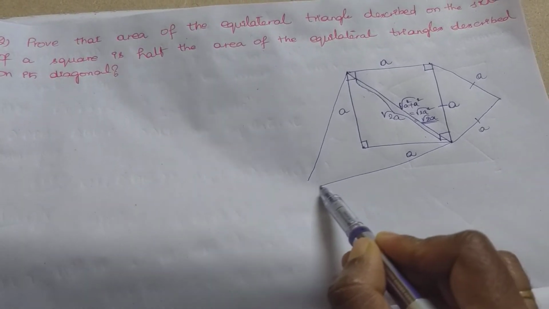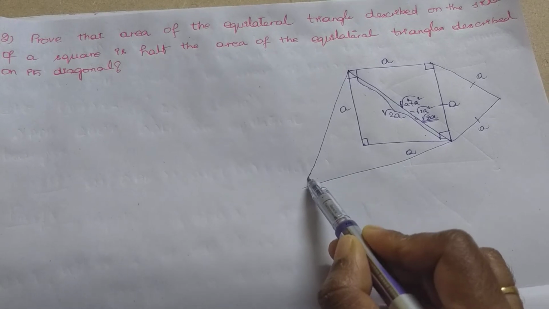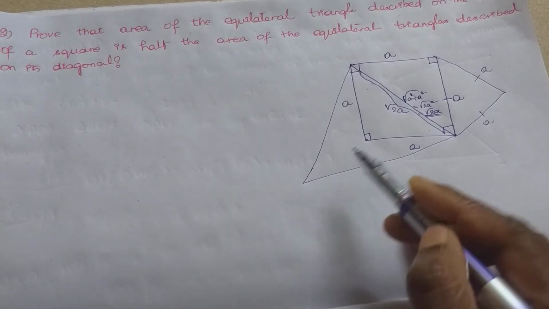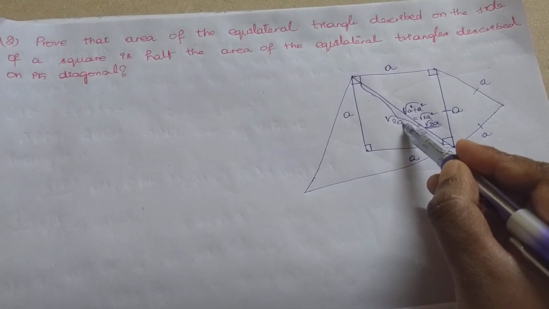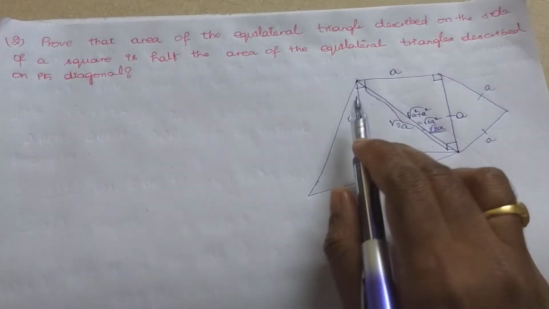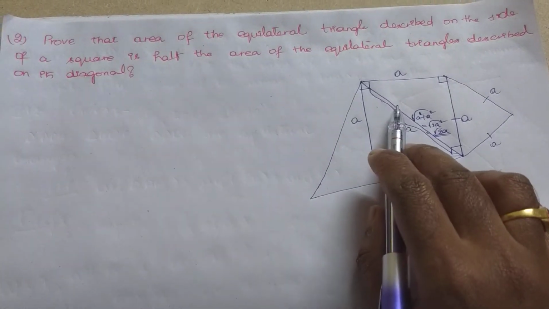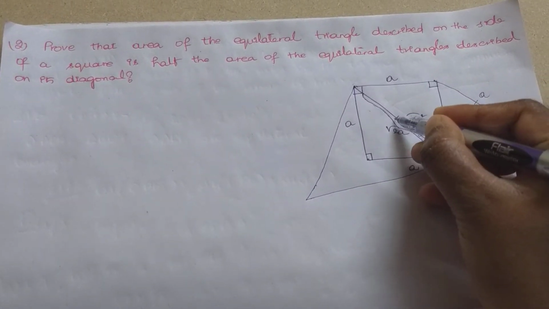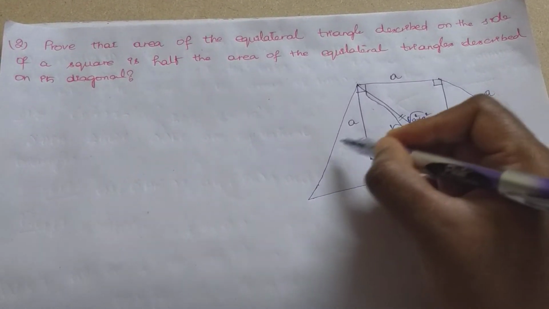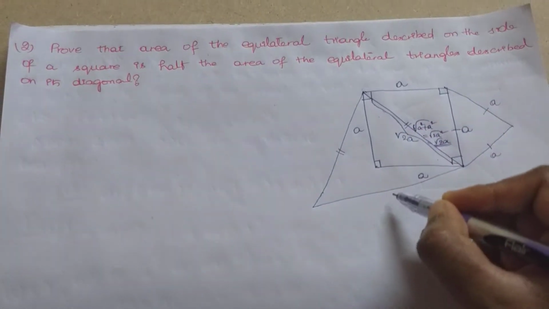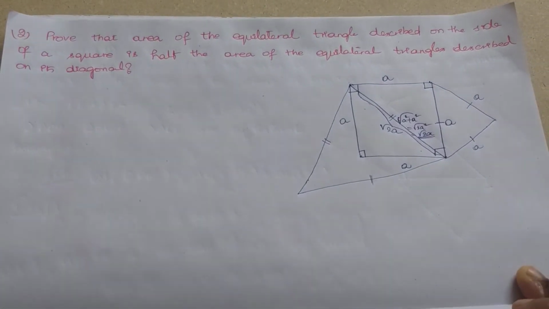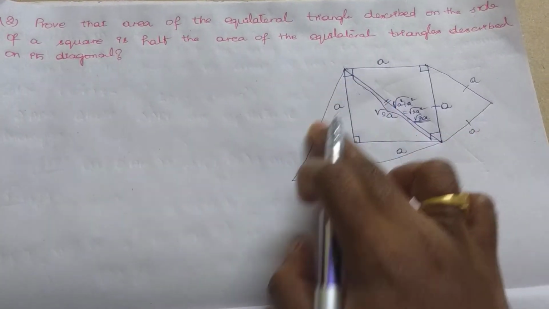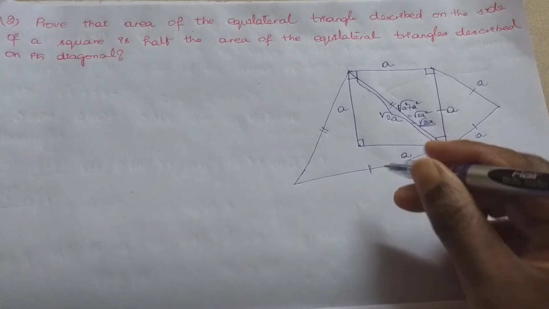If one side is root 2 A, they told that the triangle constructed on its diagonal is also what? An equilateral triangle. It means that all three sides are the same, since the triangle formed on its diagonal is also an equilateral triangle.